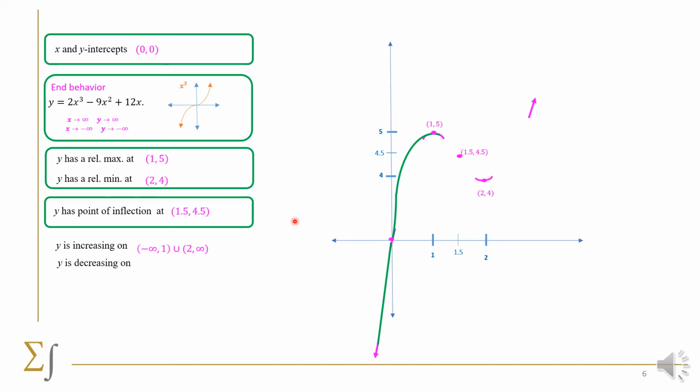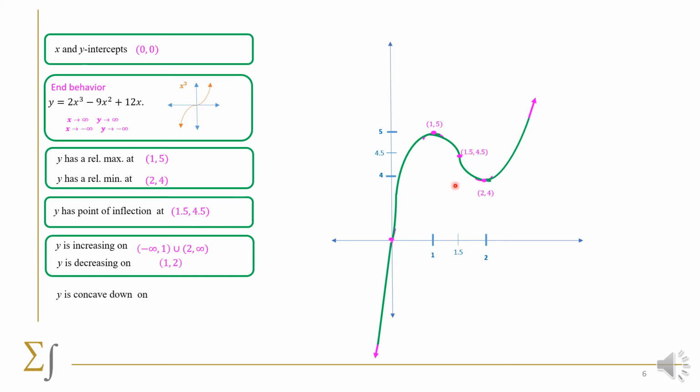Then to the right of 1, in the interval from 1 to 2, the function will be decreasing as we see in front of us, and then it will continue to increase from 2 to infinity. Now let's see also on the curve. Can you see, to the left of 1.5 it is concave down, and to the right of 1.5 the function is concave up, as we expected.